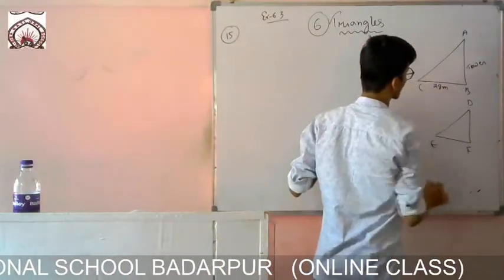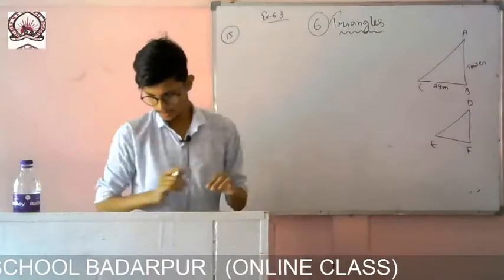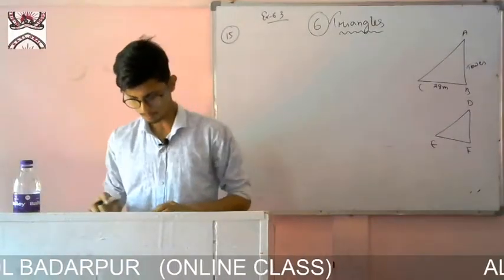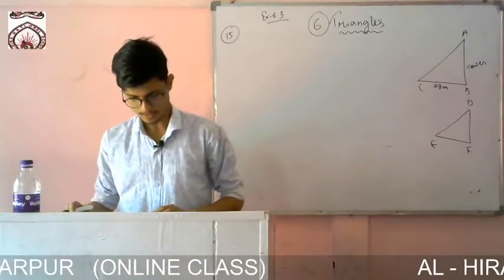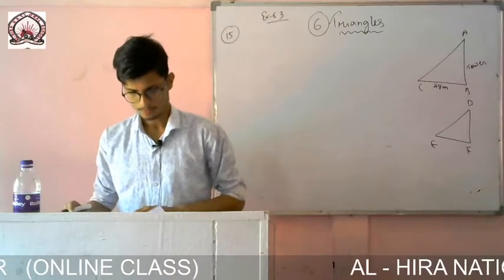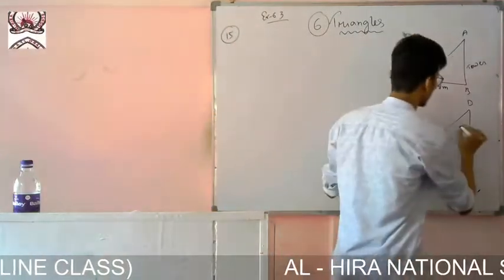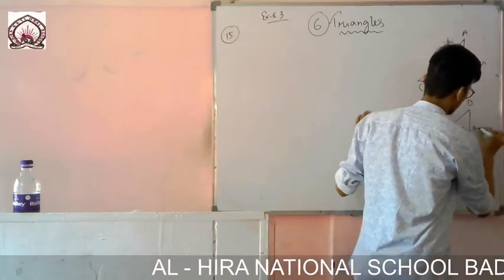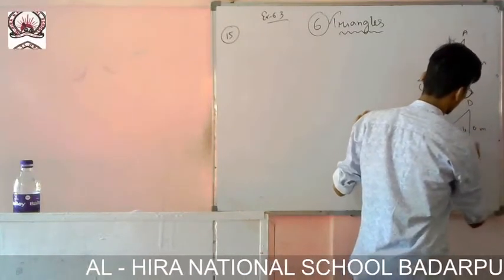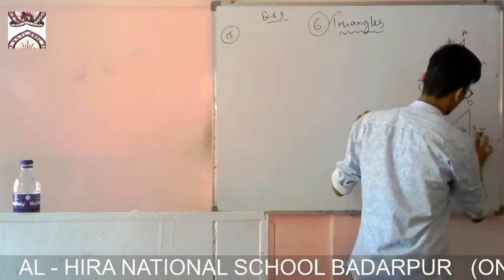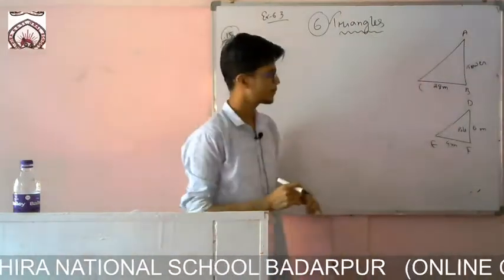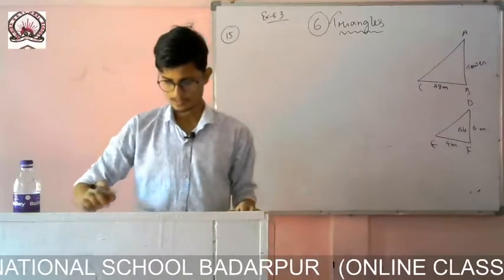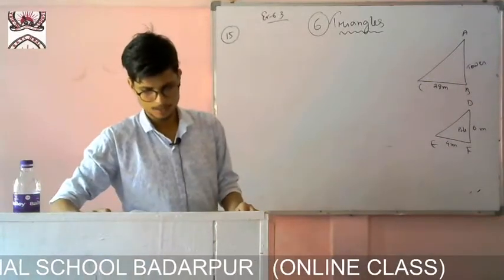Again, a vertical pole of length 6 meter casts a shadow of 4 meter long.